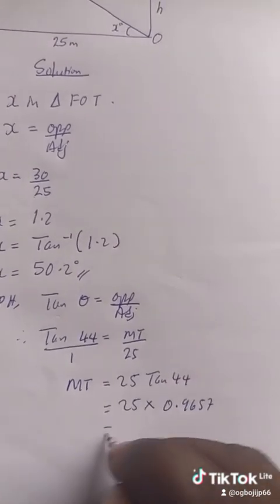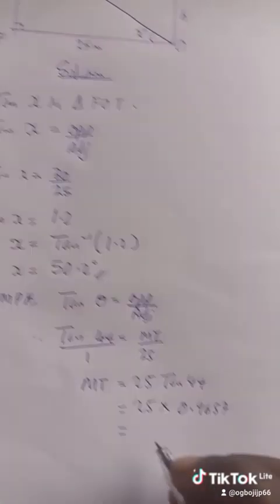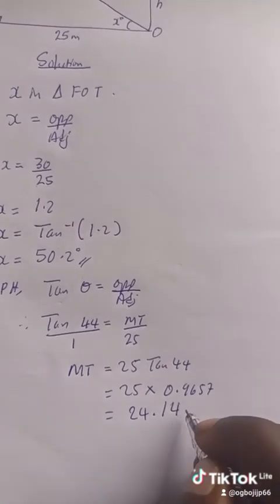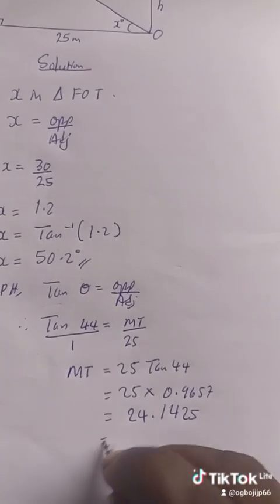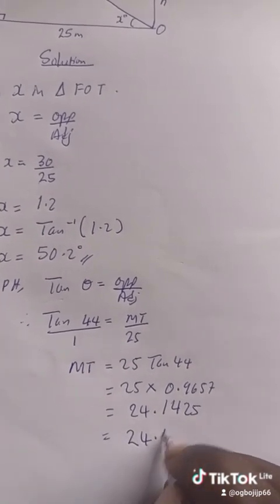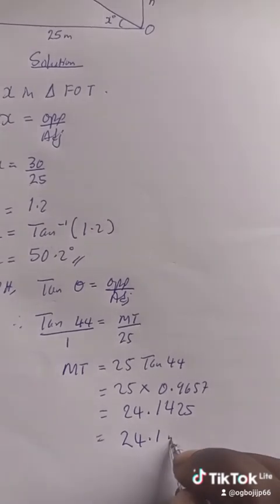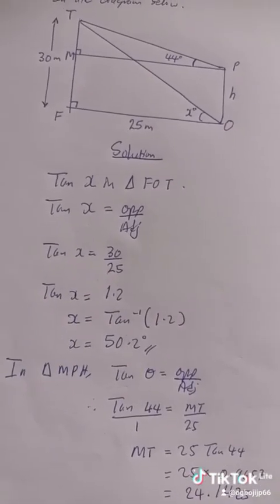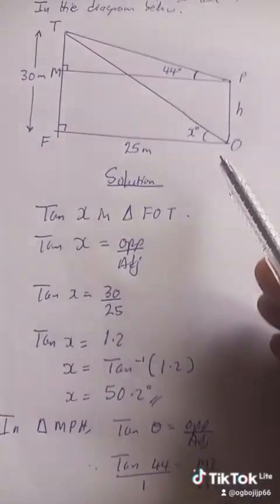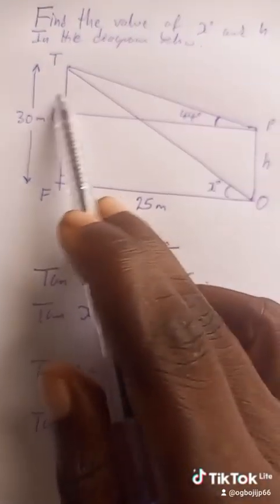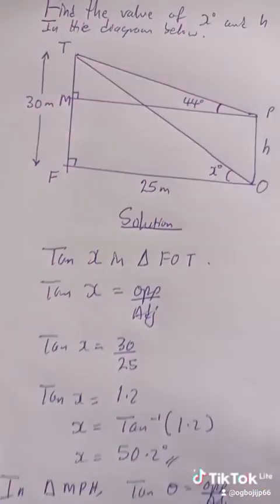Multiplying it by 25, we get 24.1425. Approximated to one decimal place, that is 24.1 meters. But remember, that is not what we are looking for. We are looking for the height. For us to get the height, we have to find this little side so as to subtract from 30.